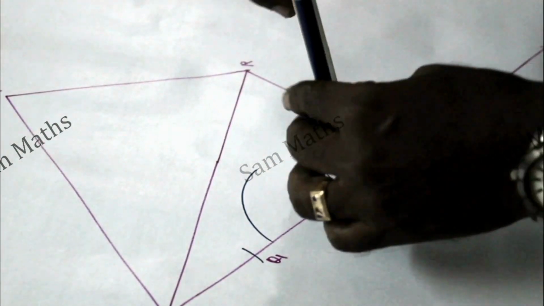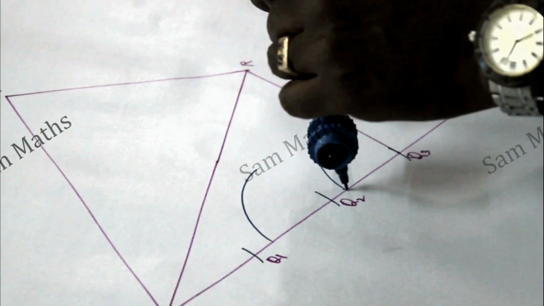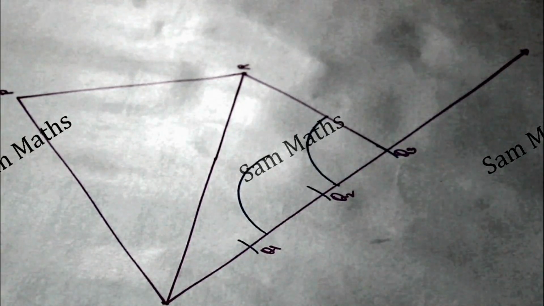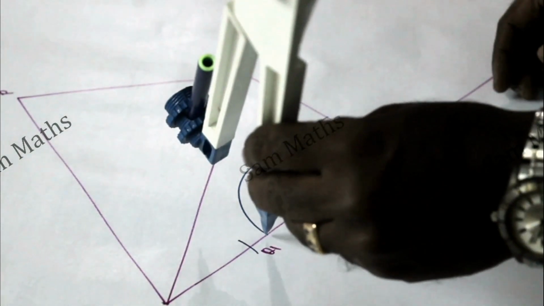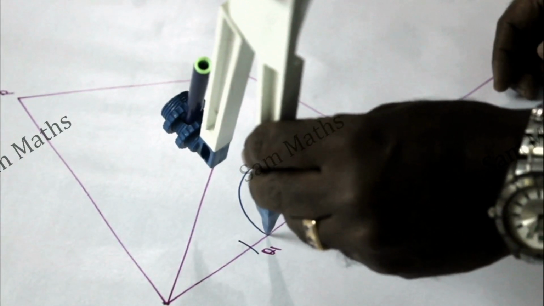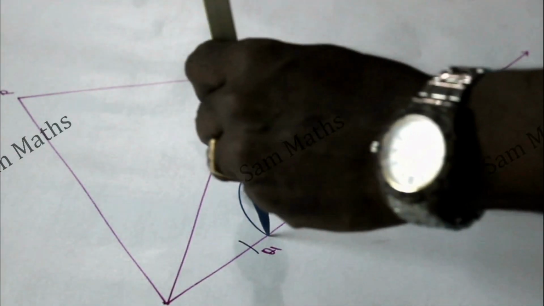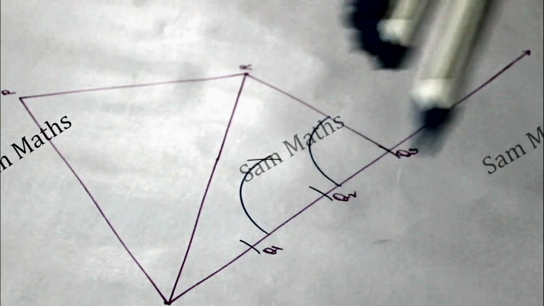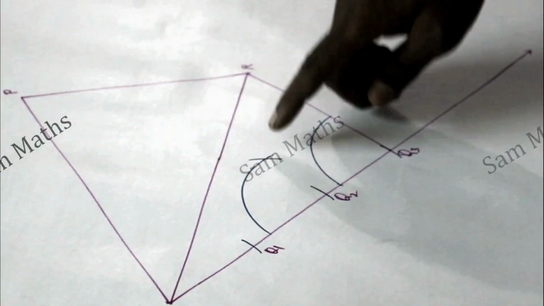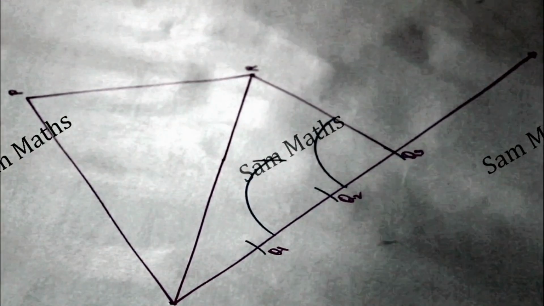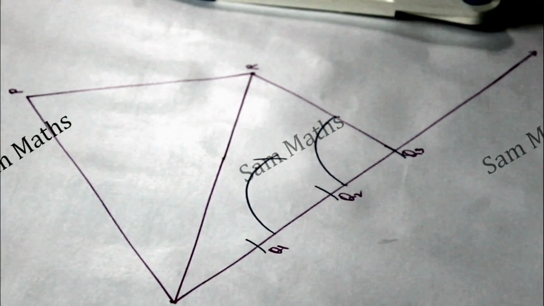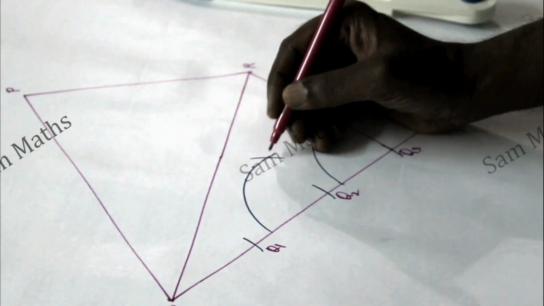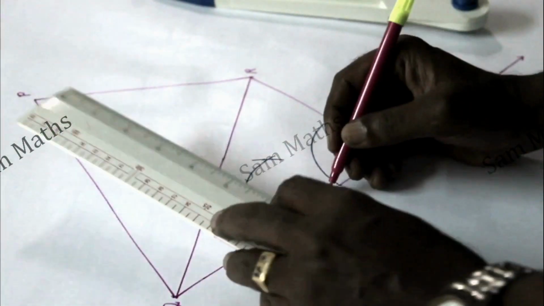Like this you have to measure the length of the arc. After measuring this length, you have to draw another arc on the second arc. Like this, you have to draw an arc on the previous arc. Now, you can join Q2 and this point of intersection.